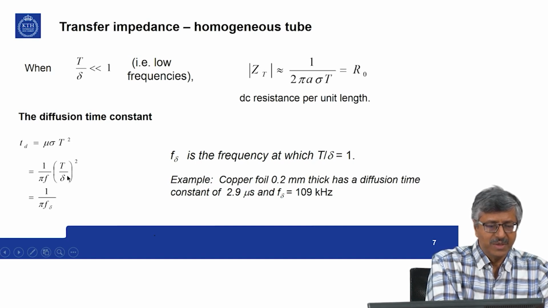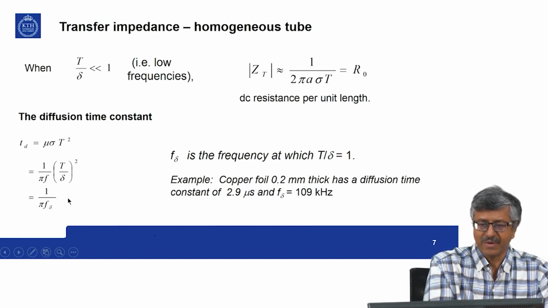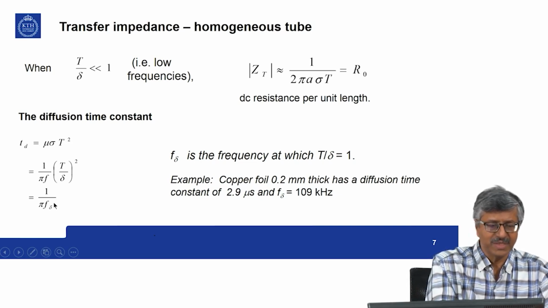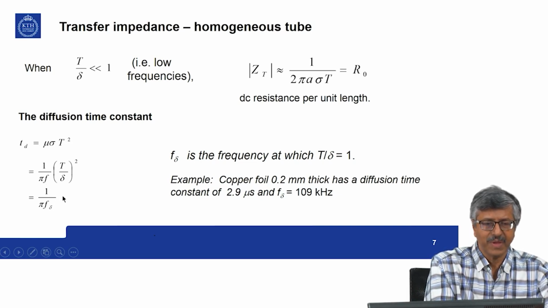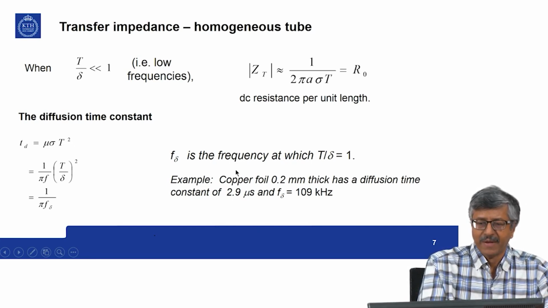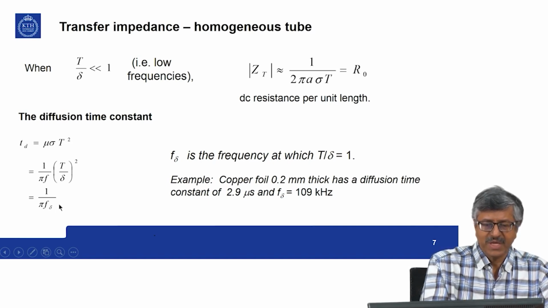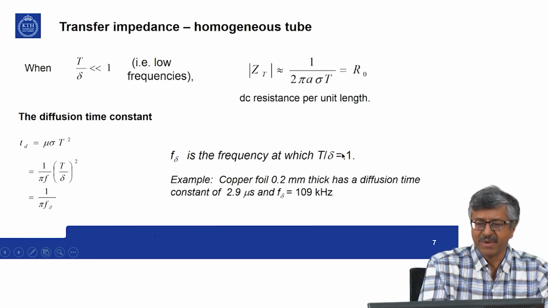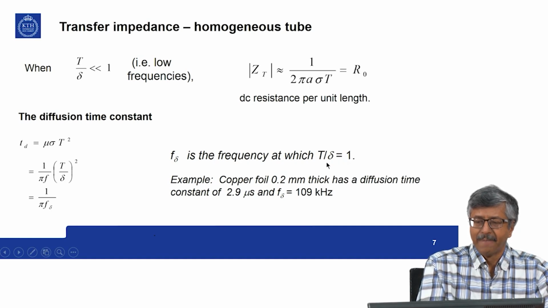So you are defining a frequency f delta here, and t by delta can be any value in this case. This frequency f delta is the frequency at which t by delta equals 1, that is, when the skin depth is equal to t.